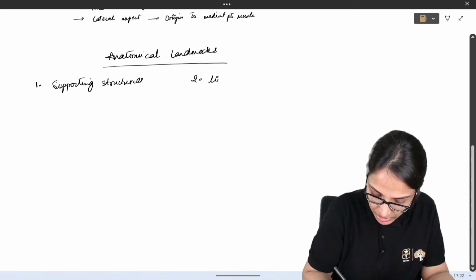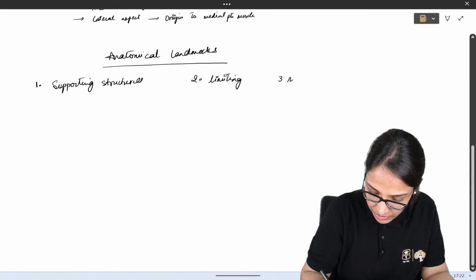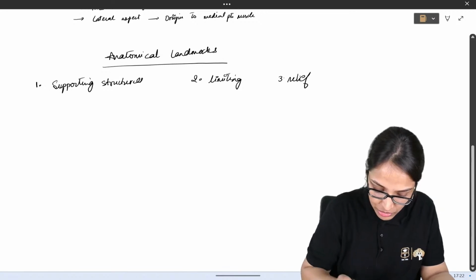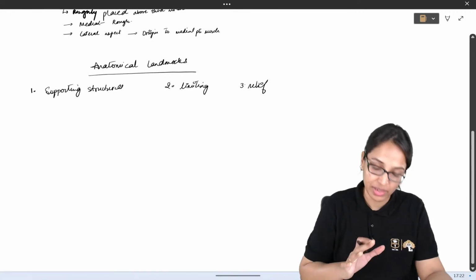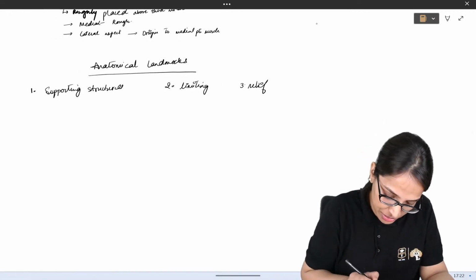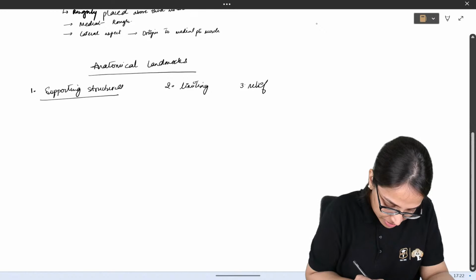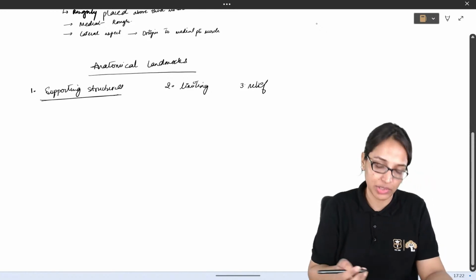Second, we'll have our limiting structures. And third, we'll have our relief areas. So grossly, we have these three sections under which we can divide our maxillary intraoral structures.